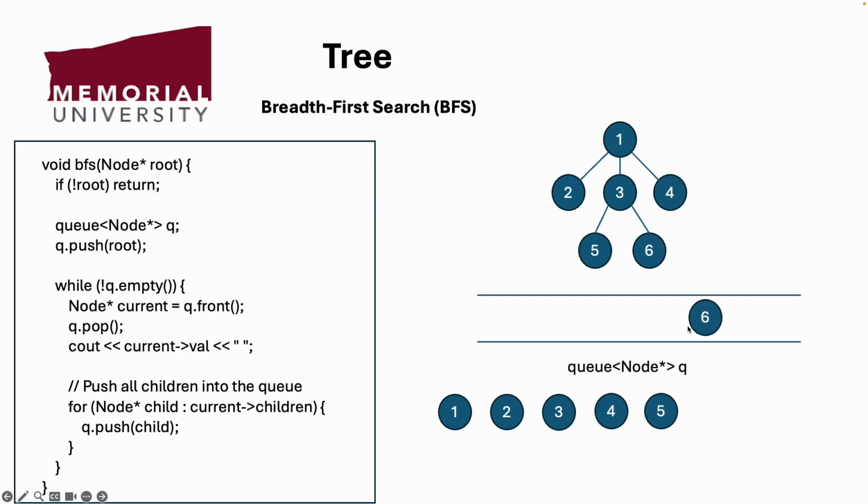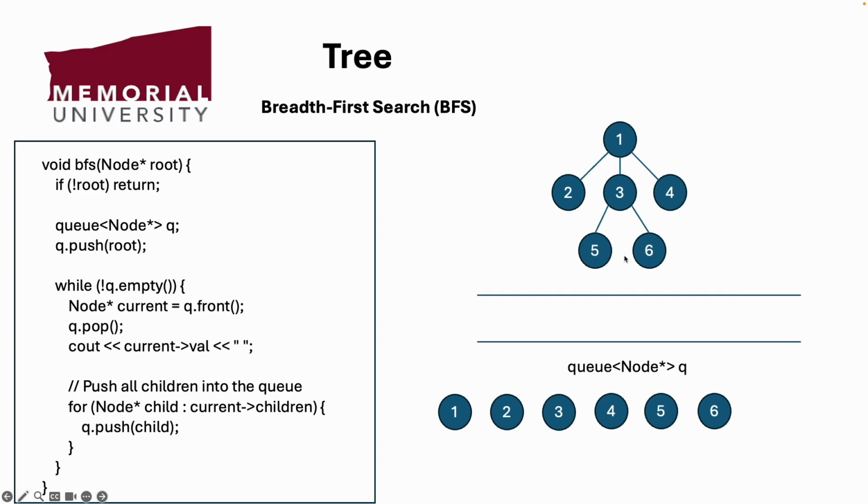We find node 6, which is at the front of the queue. So current is defined as node 6, pointing to node 6. Next, we pop node 6 to display it here, and we try to push the children of node 6.